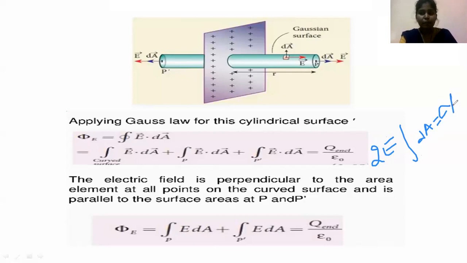Q is sigma into A, because we know sigma is Q by A. So 2E and the integral of dA, which will be A, is equal to sigma A over epsilon naught.